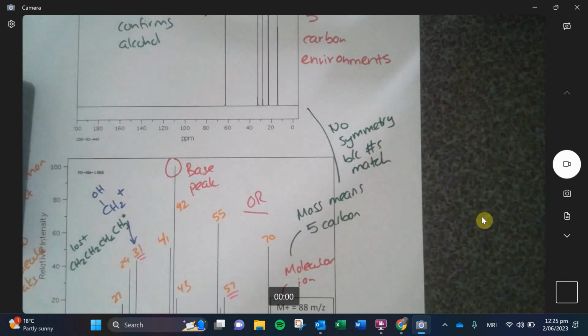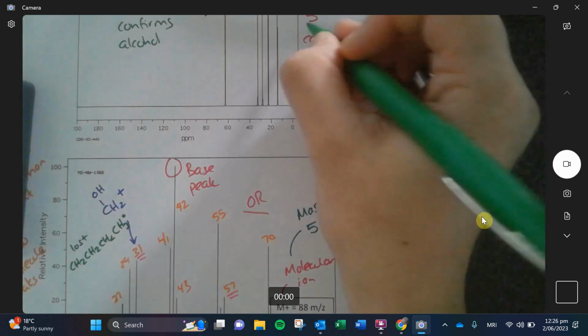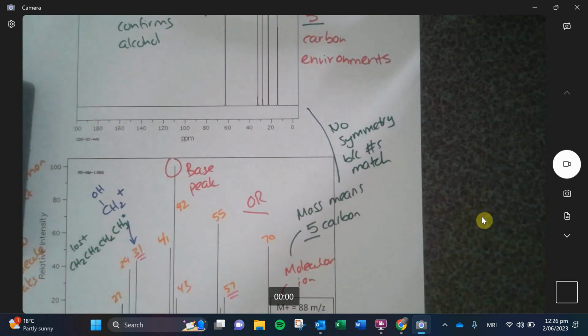So you see how I'm starting to integrate my spectra together, because the numbers match. So this one's 5 carbon environments. This has 5 carbons in the mass. Cool. And then you'd be doing the same thing on the other one.